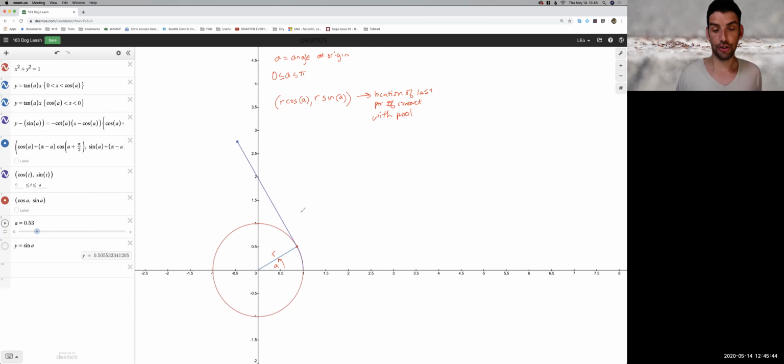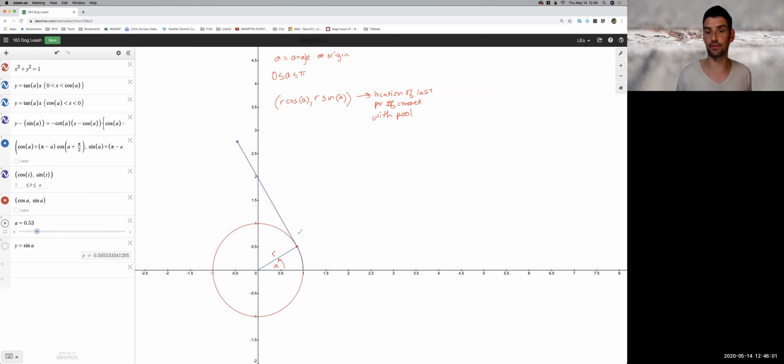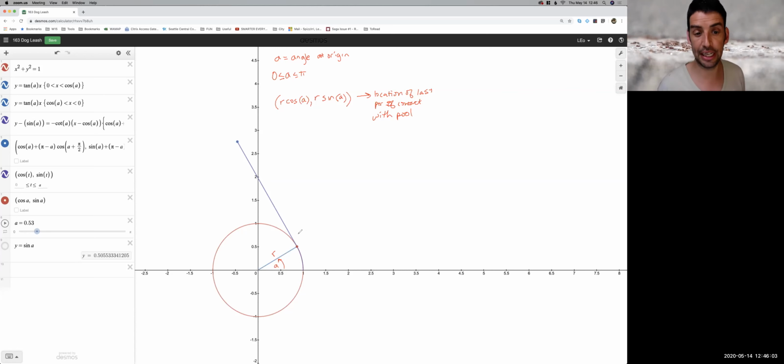So what I want to do now, if I think about these separately, this point is represented by a horizontal distance and a vertical distance. If I can then figure out a way to write down the horizontal distance the blue point is from the red point, that combination will tell me the horizontal distance that blue point is from the origin.